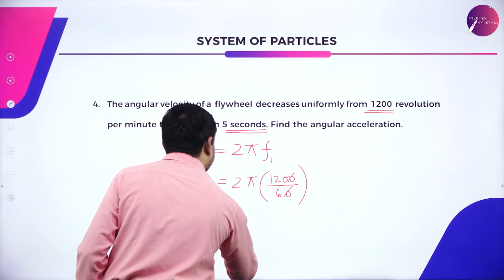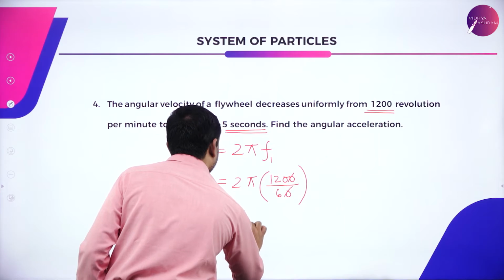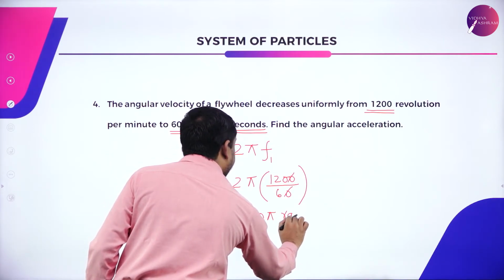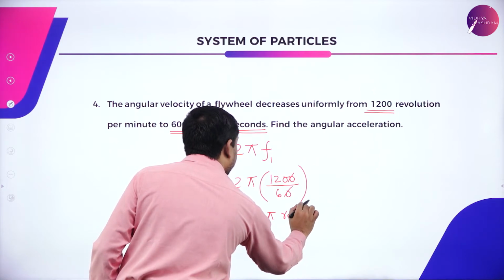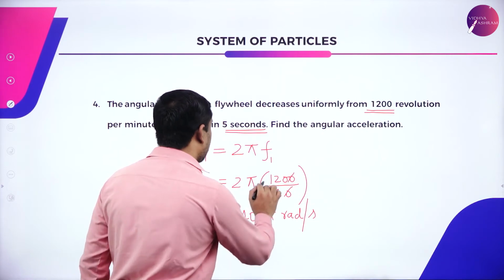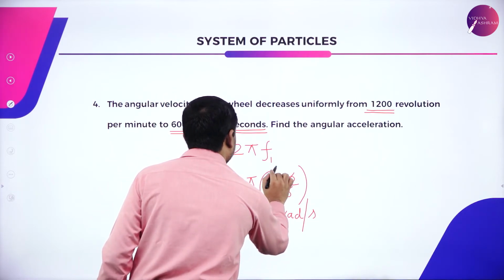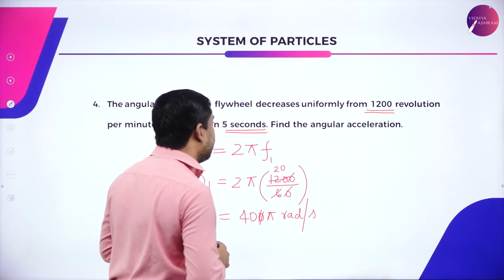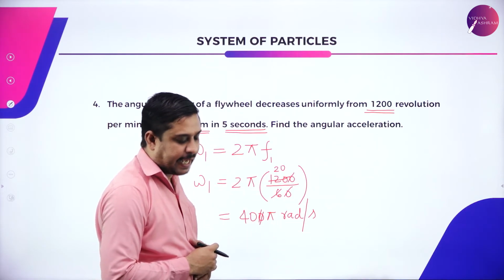So this is equal to 40 pi radian per second.